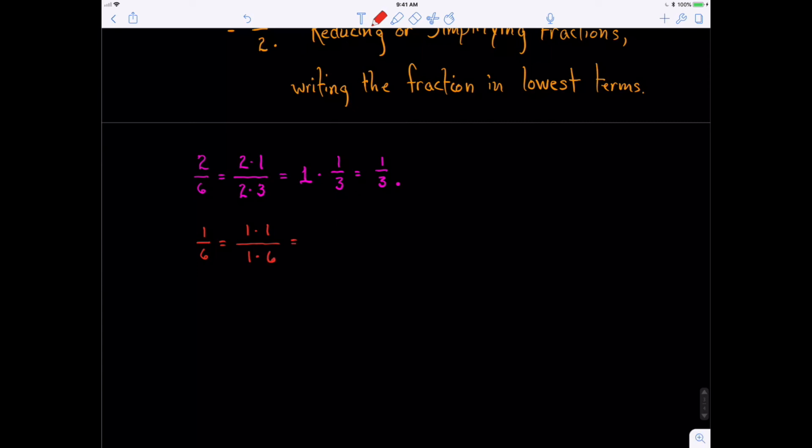So if I do that, I have 1 over 1 times 1 over 6. And we said that any number over itself is 1. So that's just 1 times 1/6. But wait, that's just 1/6. So the point of that is very simply that 1/6 is already in lowest terms.